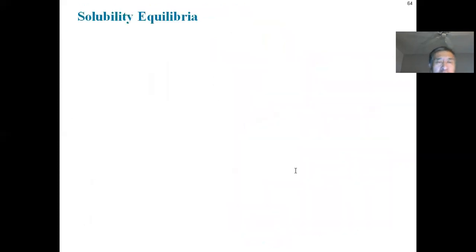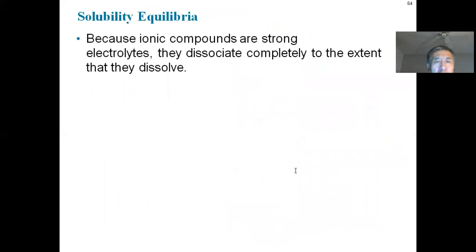So next section is about the solubility equilibrium. We learned in CHM-116 that some ionic compounds are soluble and some are insoluble. But here we will have a slightly different concept.